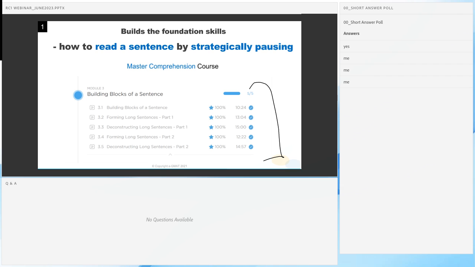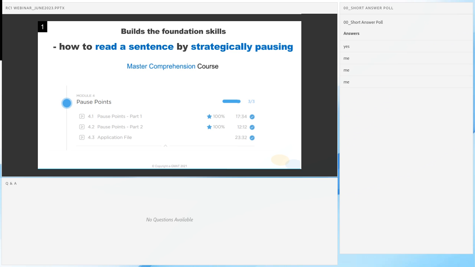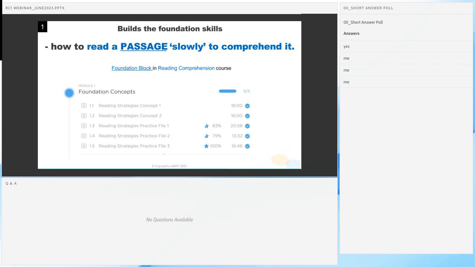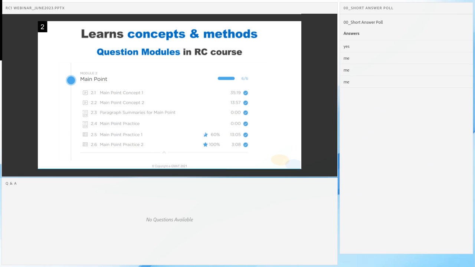What strategy was I not applying properly when I made a mistake? Pausing, when to pause, how to pause and summarize is really important. And then once you do that, going through reading strategies files in the RC course is really important. And then going through each concept file where you're going through main point and detail, inference, structure, that's really important.